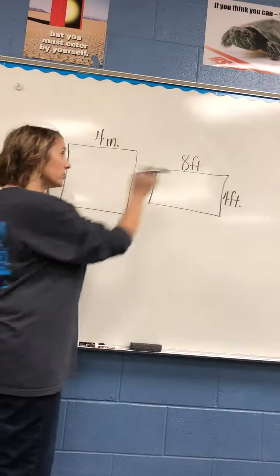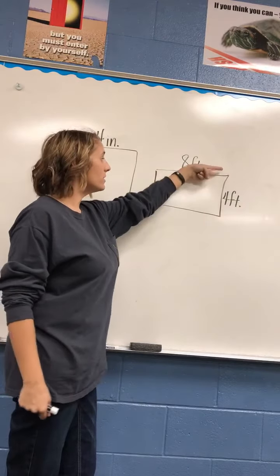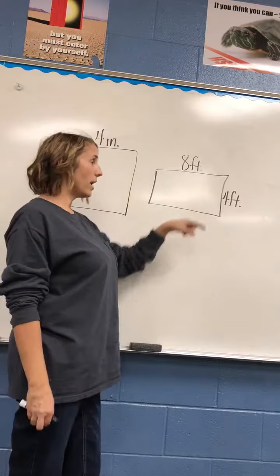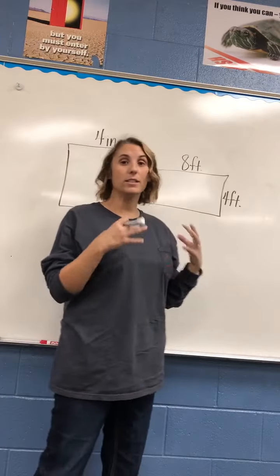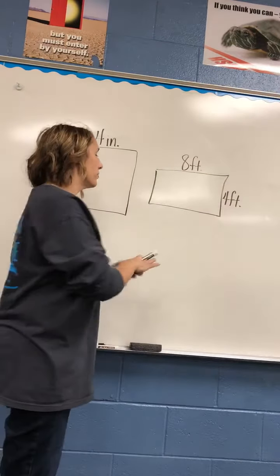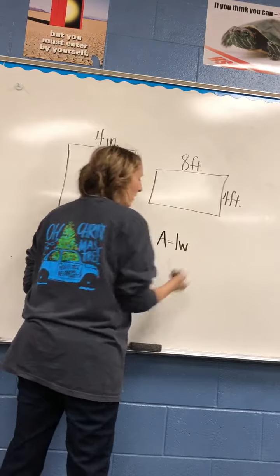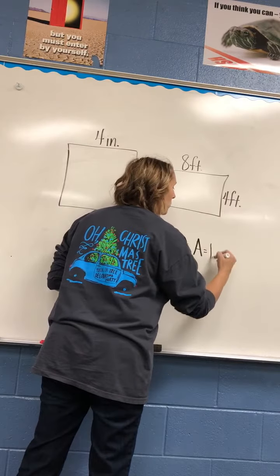So let's start with this rectangle over here. This rectangle measures 8 feet across and 4 feet high. You'll hear length and width a lot, or you'll hear base and height a lot. It's the same thing. Basically, the area equals length times width, or base times height. Either one of these works.